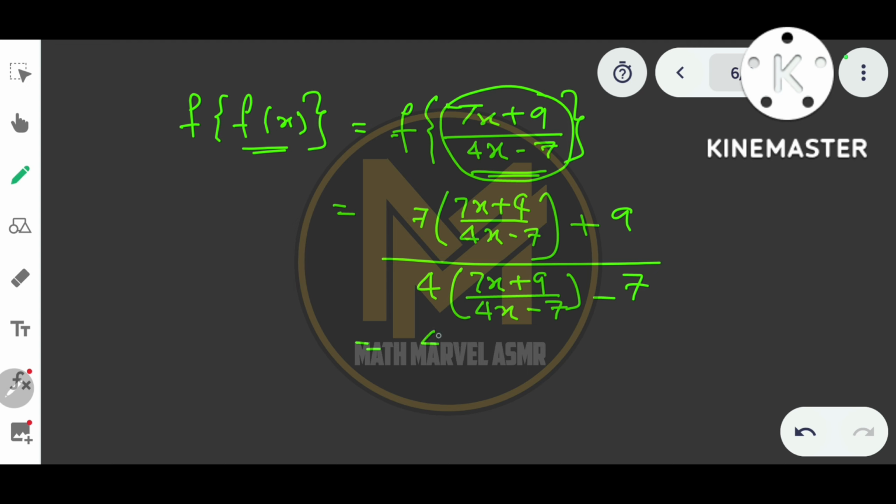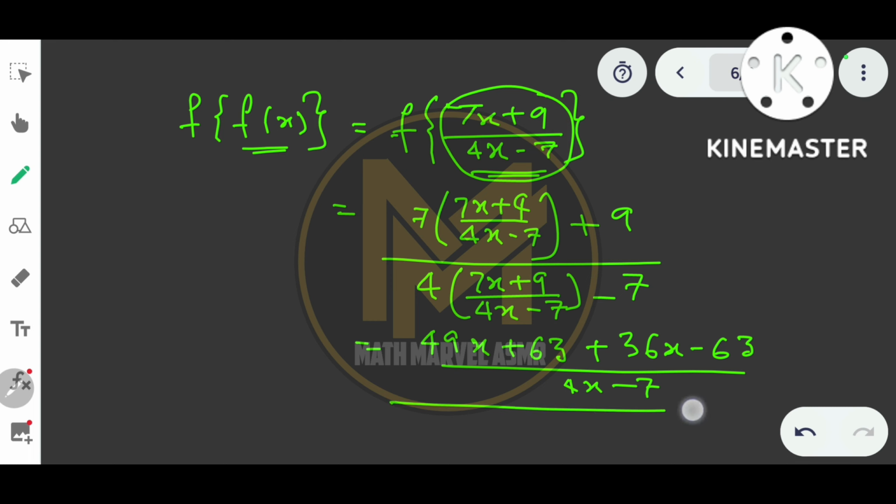Now take LCM: that will be 49x plus 63 plus 36x minus 63, divided by 4x minus 7, whole divided by 28x plus 36 minus 28x plus 49, whole divided by 4x minus 7.